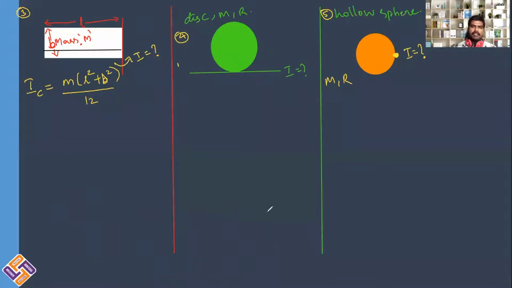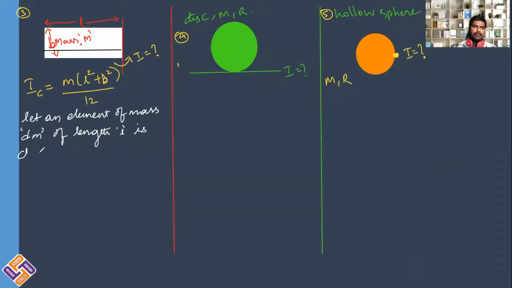So let an element of mass dm of length dl be chosen in the plate. So out of this rectangular plate, this very small element is dm, and its length is of course dl.